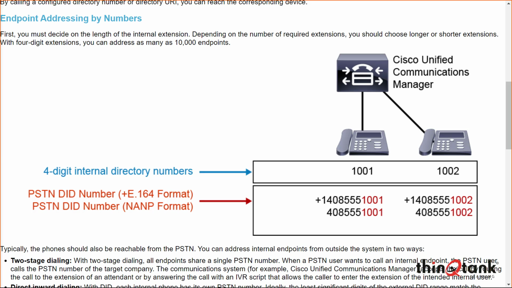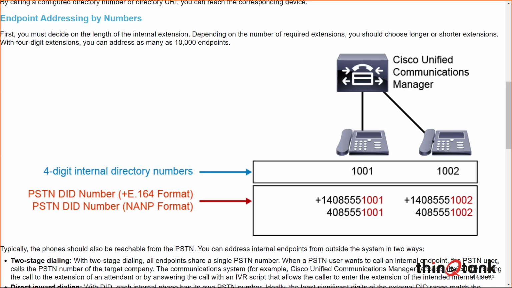So you might have multiple blocks of DIDs, and then you have to set up multiple translation patterns to handle each of those unique scenarios. I have seen in all my implementations so many different scenarios with these different types of manipulations.